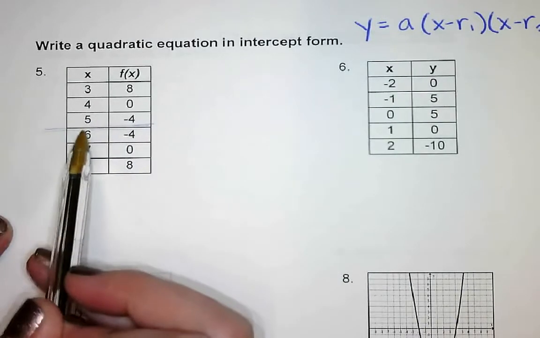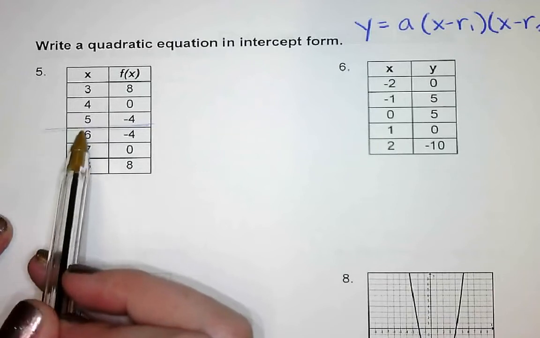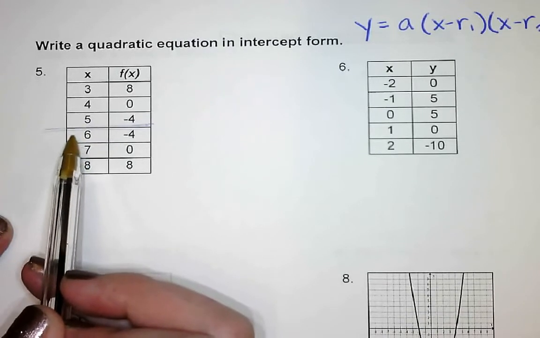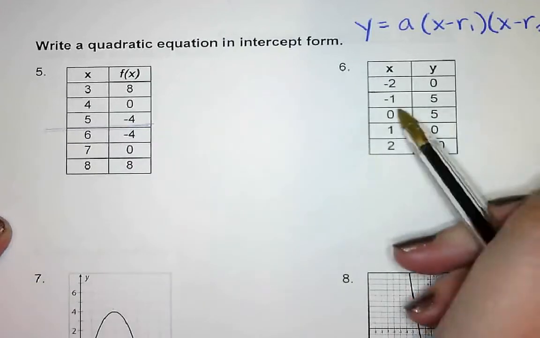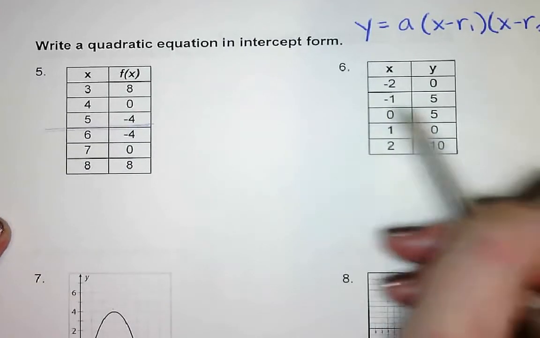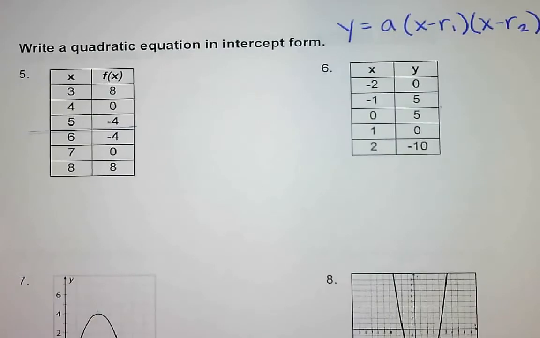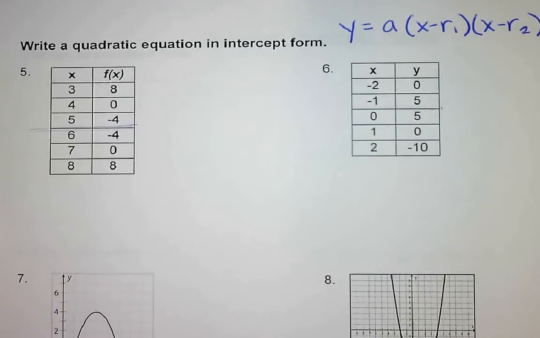Does that make sense? So that means my vertex is not a whole number. And the same is true here. Your vertex is somewhere between that -1 and 0. So, guys, if you cannot see your vertex easily, then you want to make sure that you can use your intercept form. I personally think intercept form is a little bit easier. So if you can see your intercepts, then you want to do that.